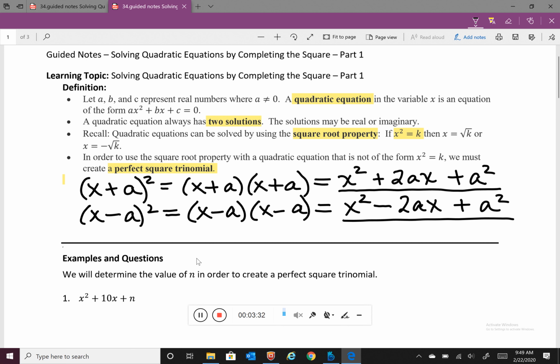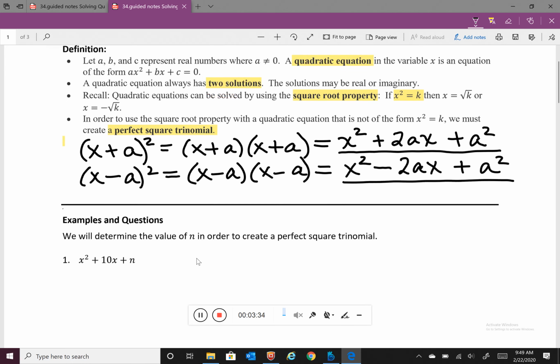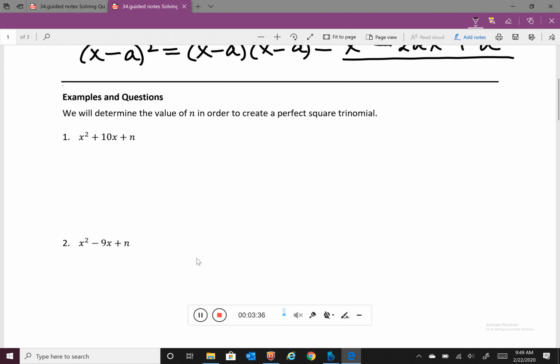So what we're going to first work on together is determining the value of n in order to create a perfect square trinomial. Now remember, a perfect square trinomial factors and produces a quantity squared.